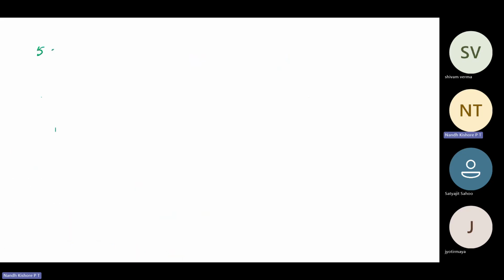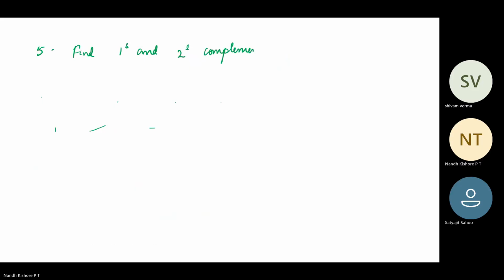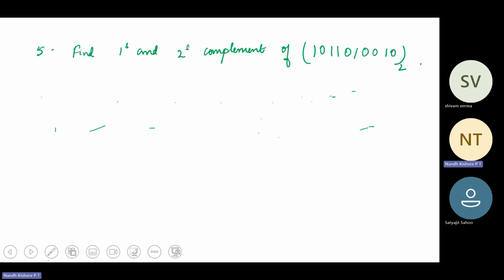So the question is find ones and twos complement of 1, 0, 1, 1, 0, 1, 0, 0, 1, 0. So find the ones and twos complement.